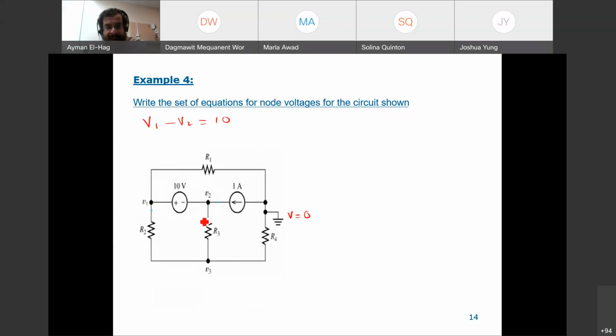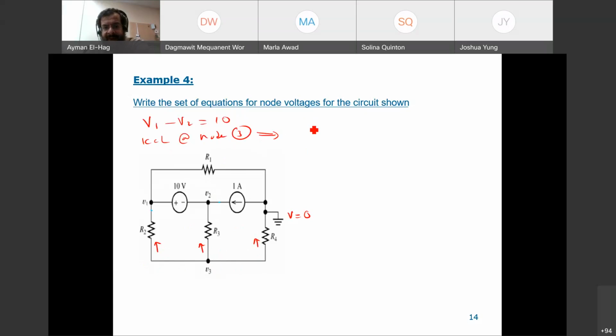Then we can apply KCL at node 3, because at node 3 there is no voltage source connected there. There are only resistors. Okay, so this means that we have assumed the currents are leaving. So we write the equation starting from the left.